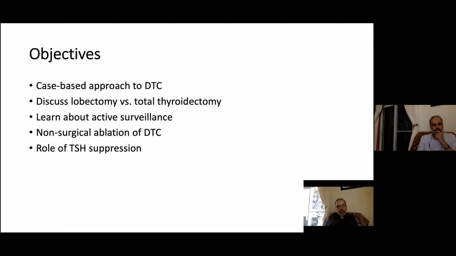We will be tackling topics of lobectomy versus total thyroidectomy, and where would you go with each of those options. We will talk about the new concept of active surveillance, also new and upcoming non-surgical techniques for ablating thyroid cancer, and we'll briefly touch on the topic of TSH suppression.